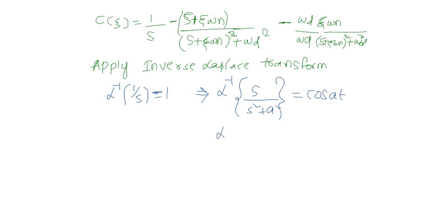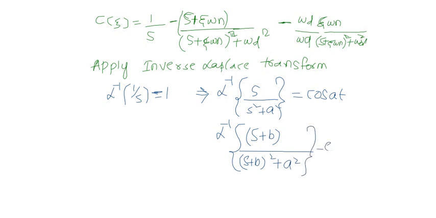So the inverse Laplace transform of s plus b by (s plus b) whole square plus a square is e power minus bt into cos at. This is the inverse Laplace transform formula.